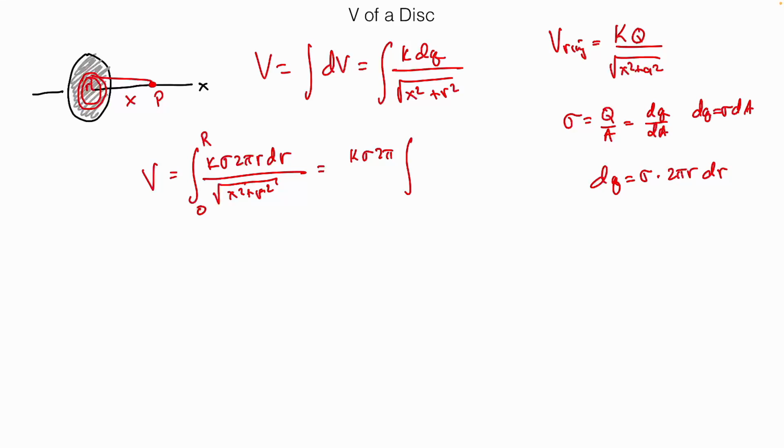That's all I got. 0 to r of r dr all over the square root of x squared plus r squared. That's sloppy. Oh my gosh. It's bad enough, but that was really bad. Okay. x squared plus r squared. My notes say do a u sub.